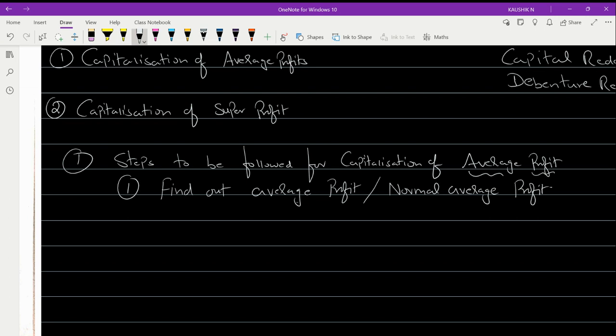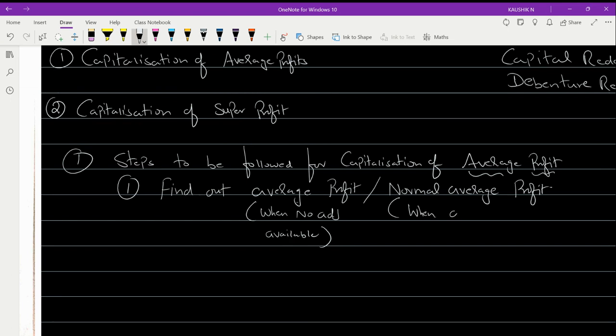If there are some adjustments, then it is considered as finding out normal average profit. When the question does not have any adjustment, you find out only the average profit. Whereas when the question has an adjustment, you find out normal average profit.